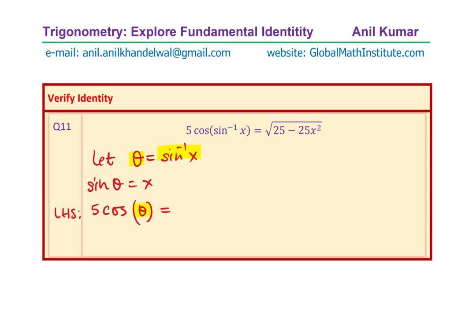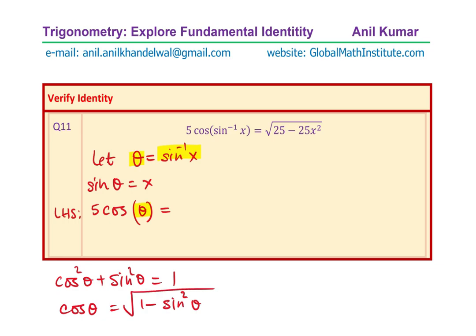Now, we actually want a square root. So let's square and square root it. So we could get this as, cos square theta plus sine square theta is equal to 1, and therefore you could write cos theta as equals to square root of 1 minus sine square theta. So we'll do this substitution here. So we get 5, and instead of cos theta, we can write square root of 1 minus sine square theta.